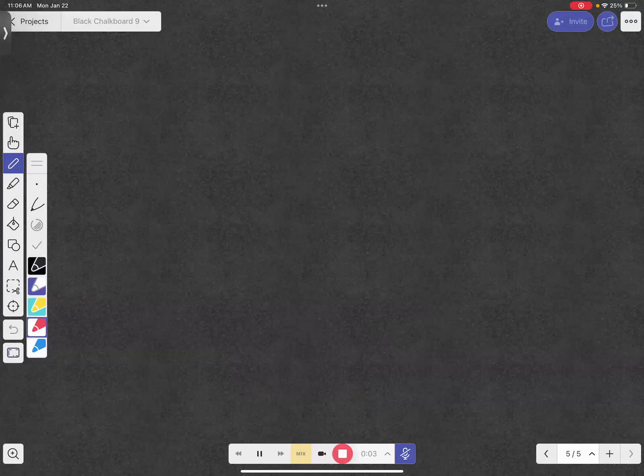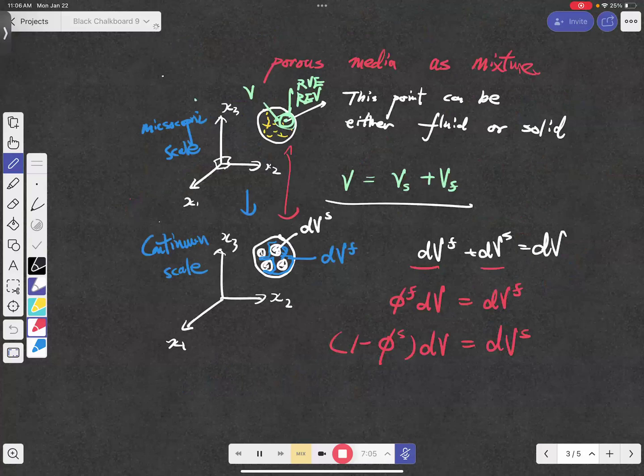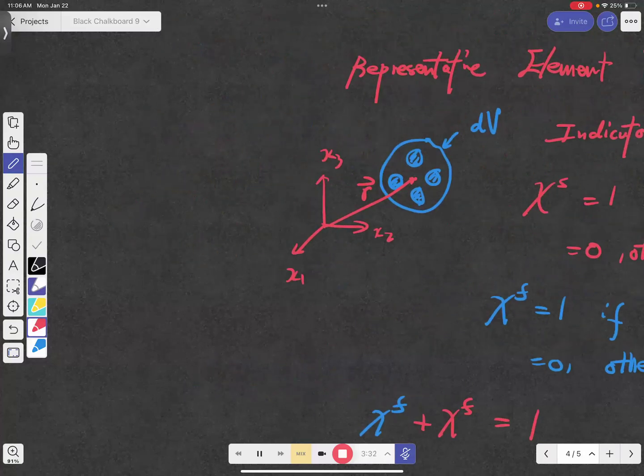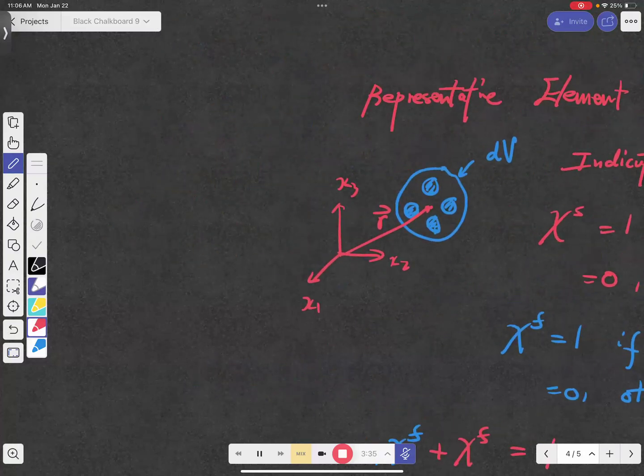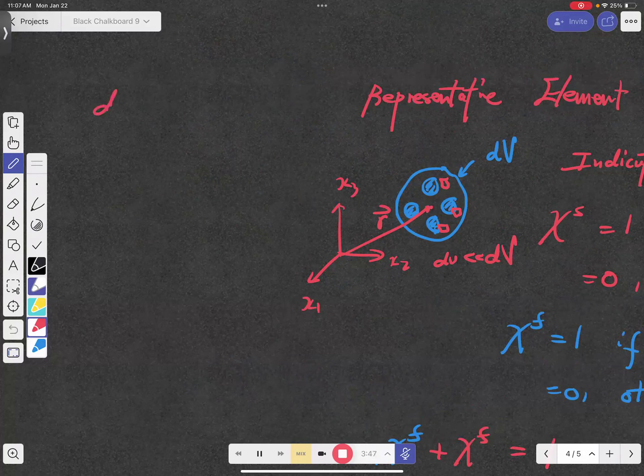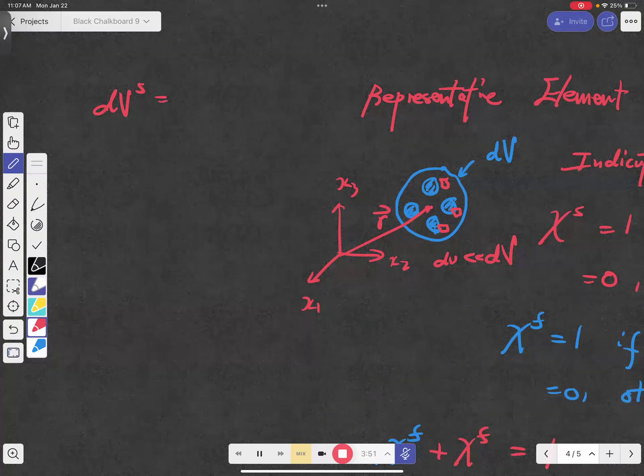Now let me introduce more terminology. Let's consider this part, and let's consider this dV as something very small inside dV. This is an example of it anywhere. Now the entire dVs, the solid, if I rewrite it as a function of the indicator function, is simply the integral of the indicator function, right?